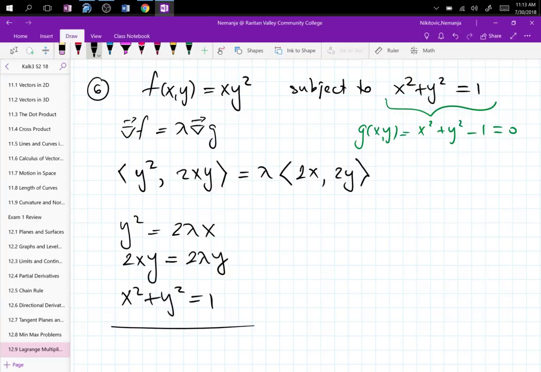So that's our system, and this system needs to be solved. I just told you that you are not allowed to cancel variables on each side, unless you are sure that those variables cannot be 0. For instance, if you are maximizing the volume of a box or minimizing the surface area of the box, then clearly the sides of that box cannot be 0, right?